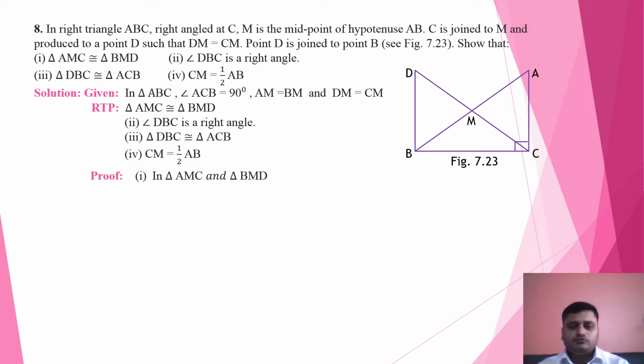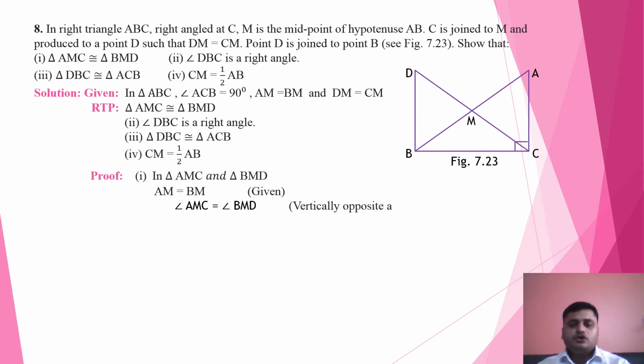Let's begin the proof. First of all, we will take triangle AMC and triangle BMD. Now in these two triangles, AM is equal to BM, that is given. After this, we will write angle AMC is equal to angle BMD, and the reason will be vertically opposite angles.